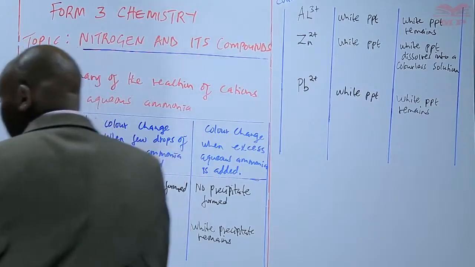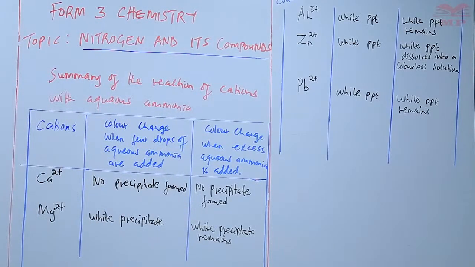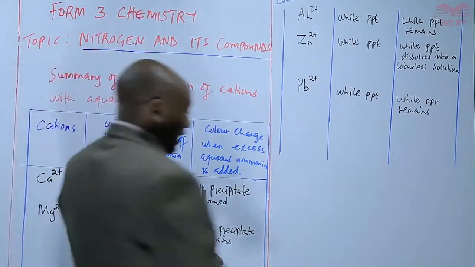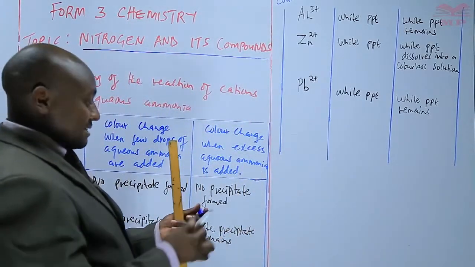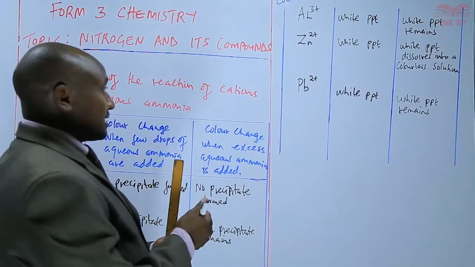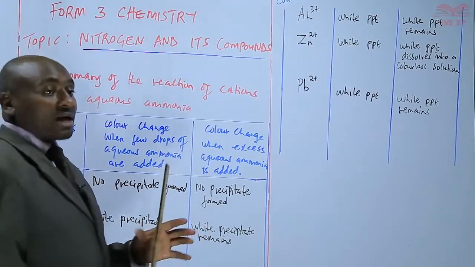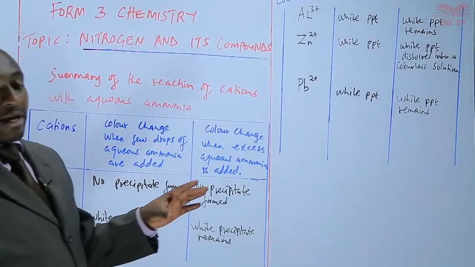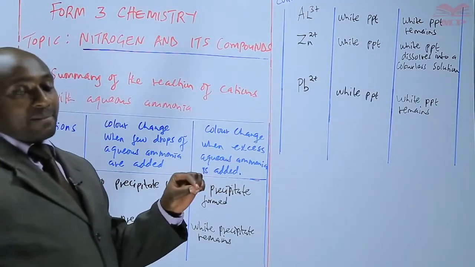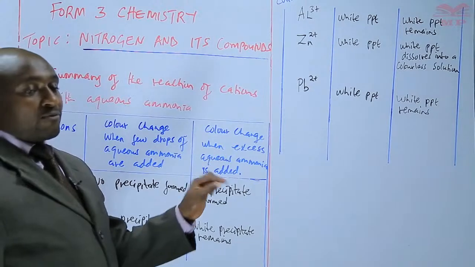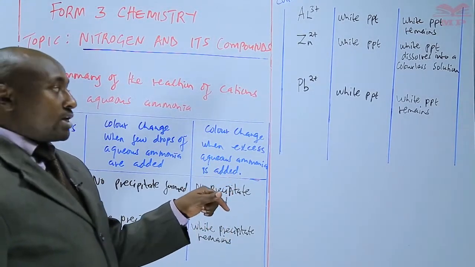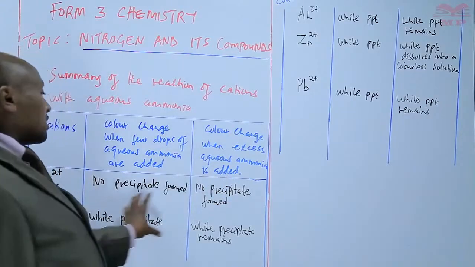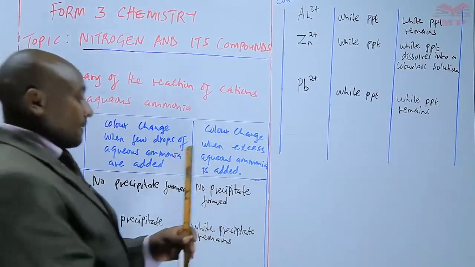So this forms the basis of a section of chemistry practical that is called qualitative analysis. In qualitative analysis, when you are given a solution, you can be told to identify which cations are there by adding a few drops of aqueous ammonia or adding excess ammonia. And then the color of the precipitate will be as indicated here.